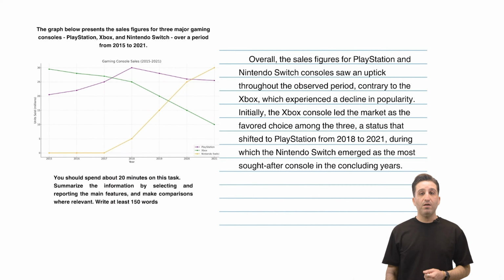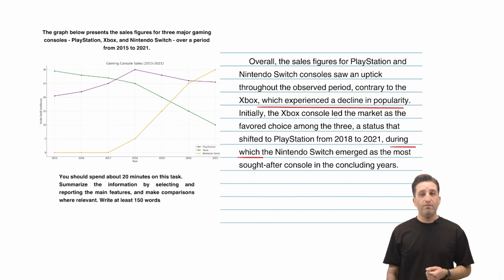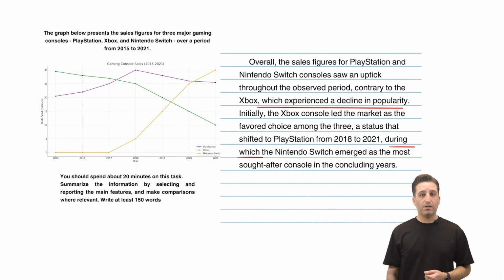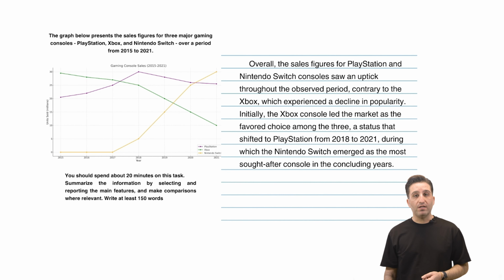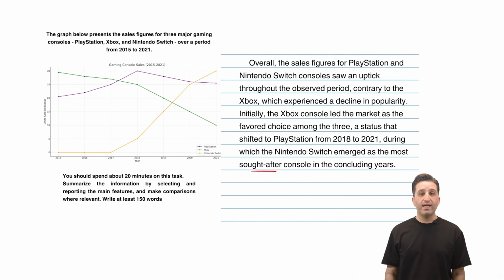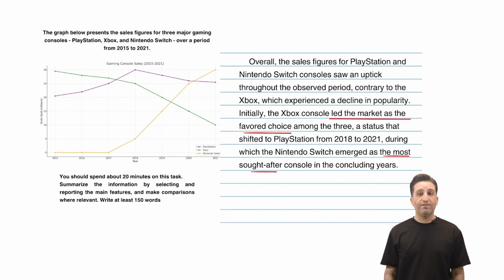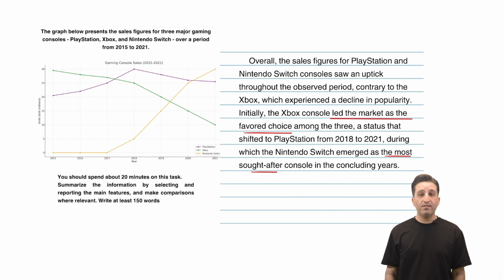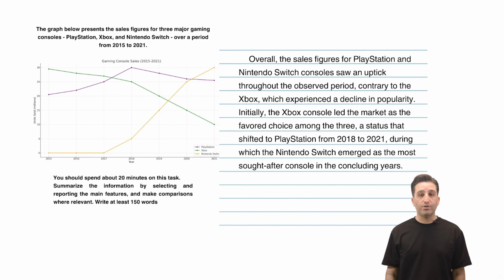As you can see, the paragraph skillfully employs complex sentences with multiple clauses, enhancing the sophistication of the information presented. The use of comparative and superlative forms is evident and appropriate for summarizing and comparing data. Words like "most sought after" and phrases such as "led the market" and "favored choice" effectively compare the popularity of the gaming console over time.